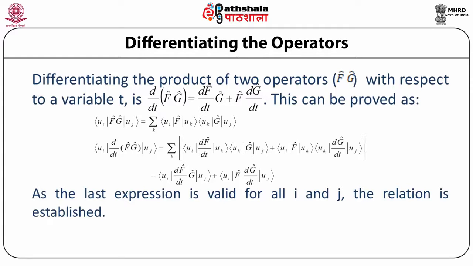So we can write bra vector ui d by dt of product of operator f operator g ket vector uj is equal to summation over k, bracket open, bra vector ui d by dt of operator f ket vector uk bra vector uk operator g ket vector uj plus bra vector ui operator f ket vector uk bra vector uk d by dt of operator g ket vector uj, bracket closed.